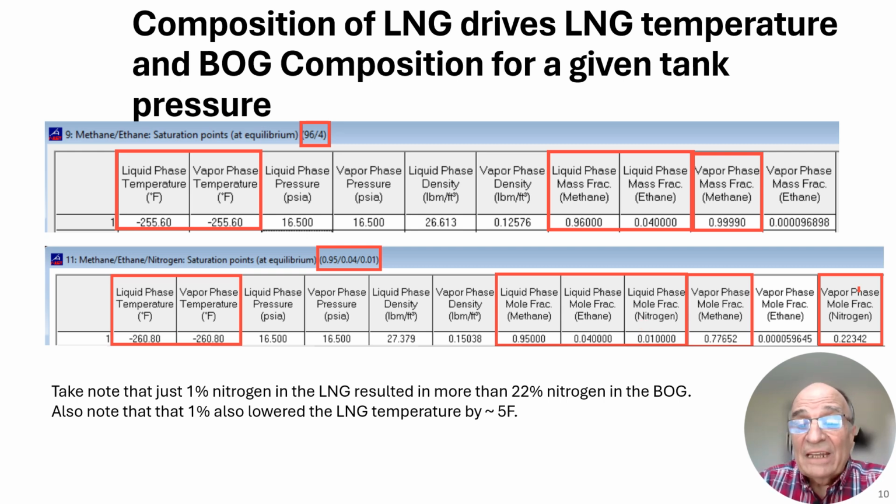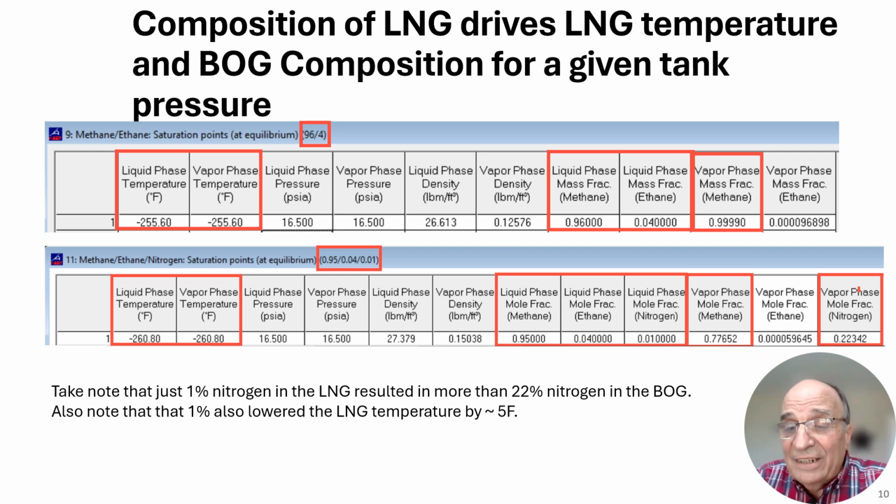Well, earlier we had 99% methane, but now we only have 77 or 78% methane. Why is this so much lower? Because the nitrogen is showing 22% concentration. And of course, yes, there is some ethane, but it's only a trace amount.